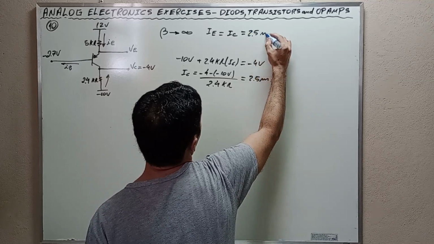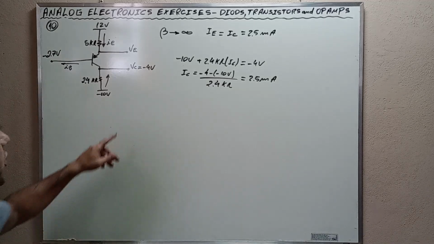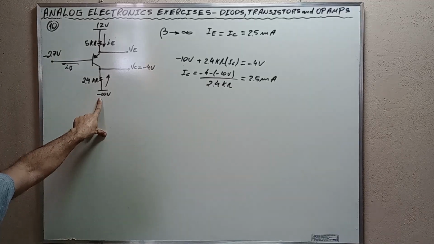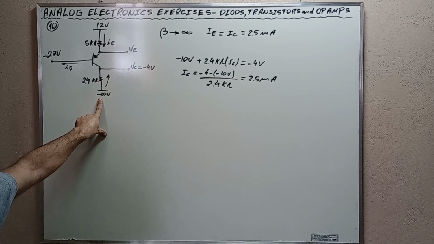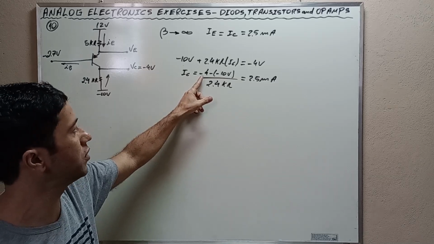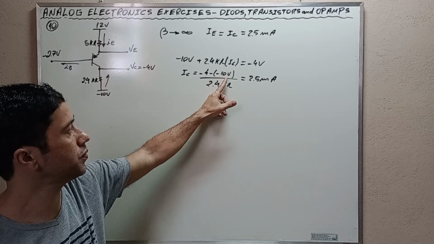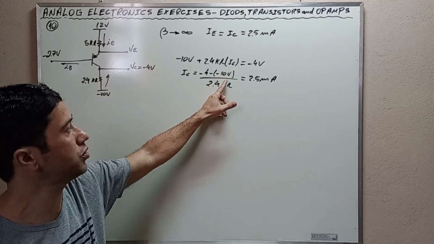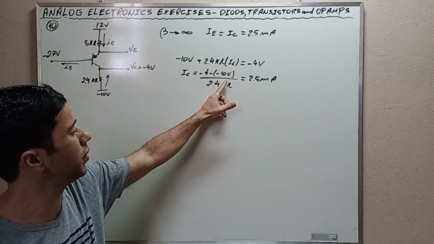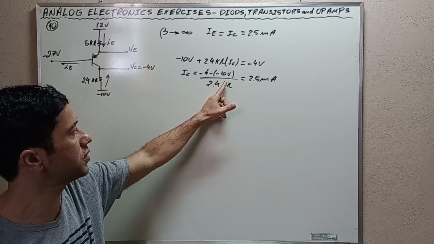2.5 milliamps. Okay, could you see that had it been positive 10 volts here, it would be negative 4 minus 10 volts, and this would be negative 6.